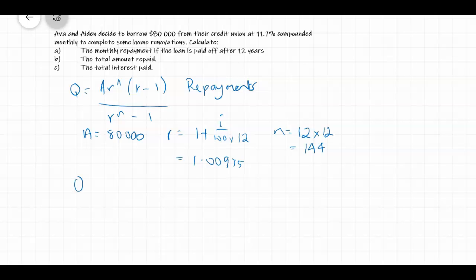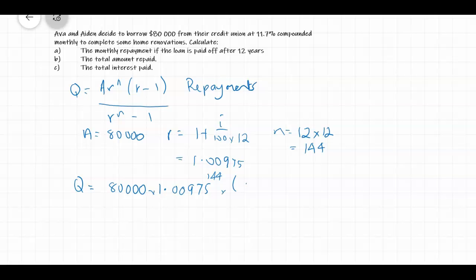So Q is going to be equal to the amount, 80,000, times R to the N, multiplied by R minus 1.